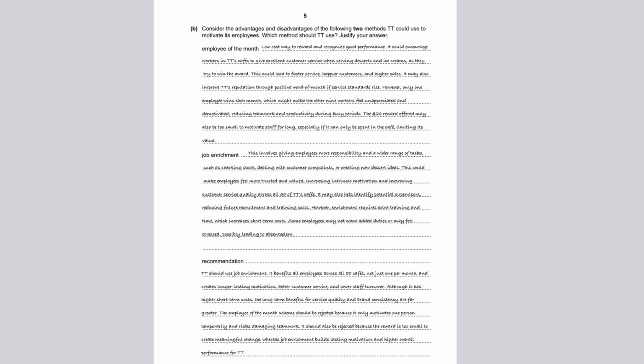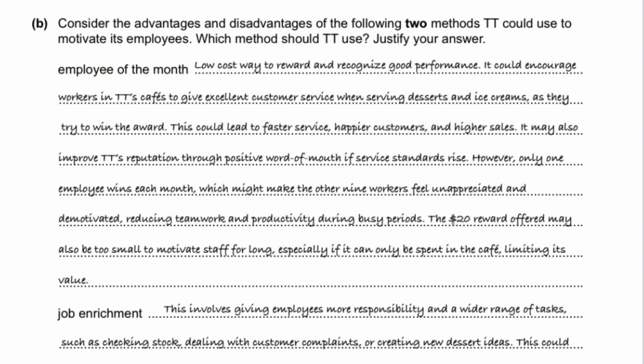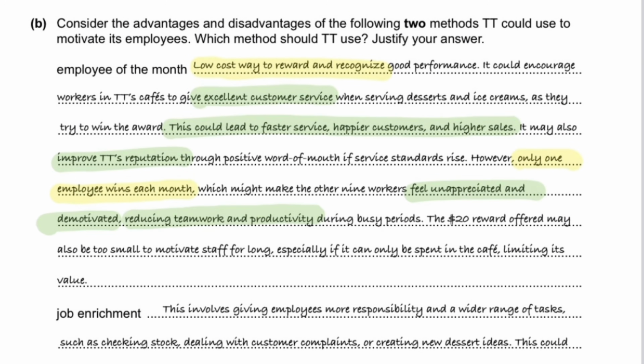Question 2b. Consider the advantages and disadvantages of the following 2 methods TT could use to motivate its employees. Which method should TT use? Justify your answer. Employee of the Month, as this is a low-cost way to reward and recognize good performance.